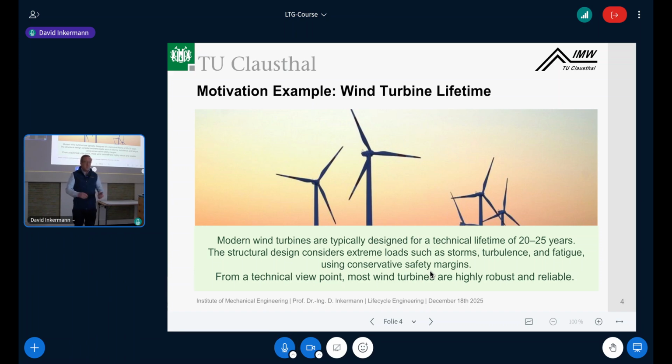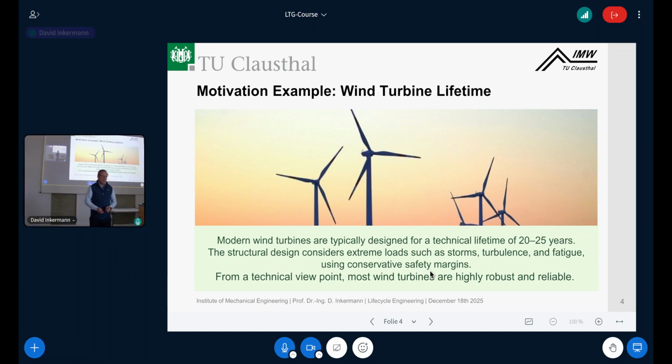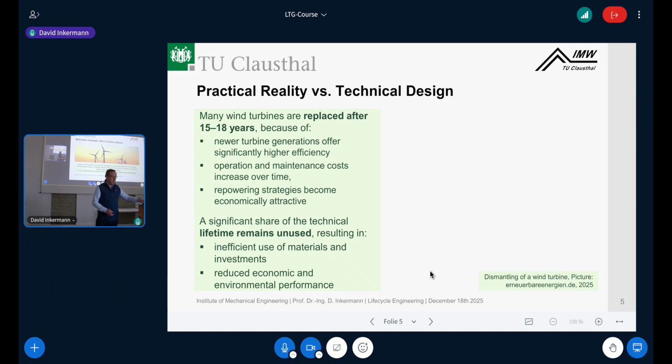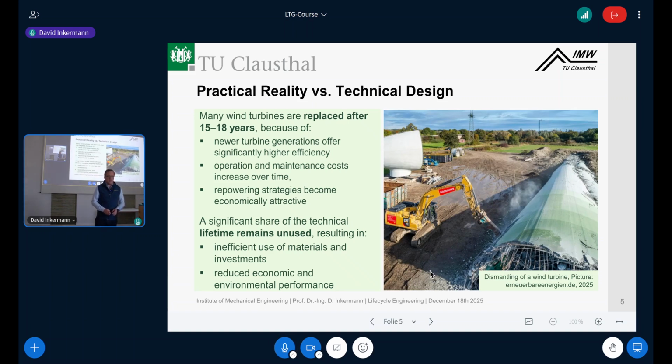And then we design and dimension this product in order to last this long. But this is only a technical viewpoint, and that is really important to understand. And the basic intention, also with regard to circular economy, is that we have a robust and very reliable product. But if you go to reality, you will get a little bit of a different picture.